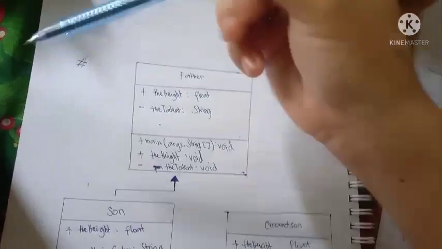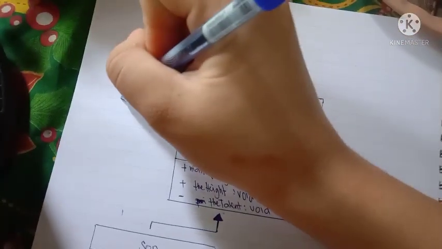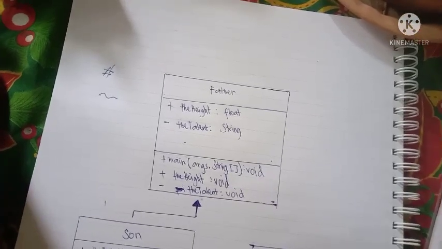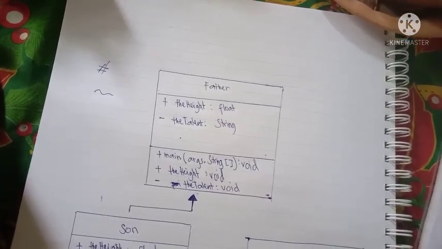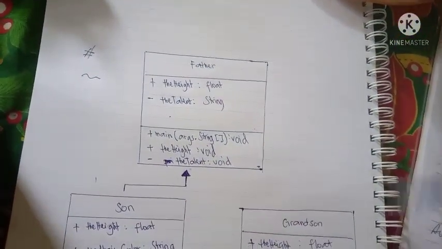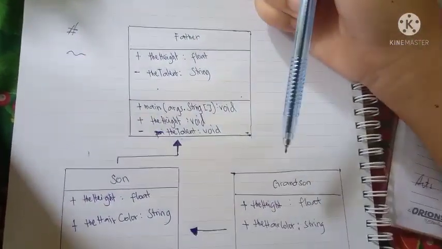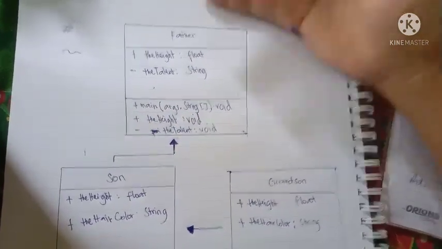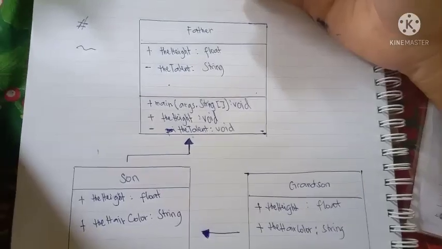And the tilde would be like this one. The package or default visibility means it can only be accessed within the same package, which is the same package as this one. I'm going to show you the code I'm using, and you can see the whole package here.